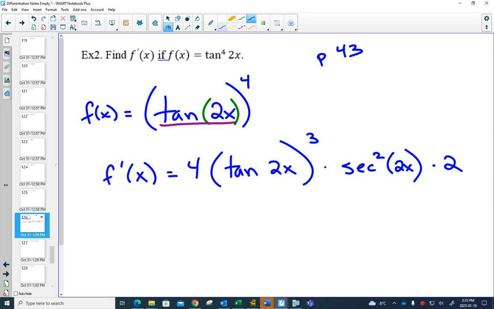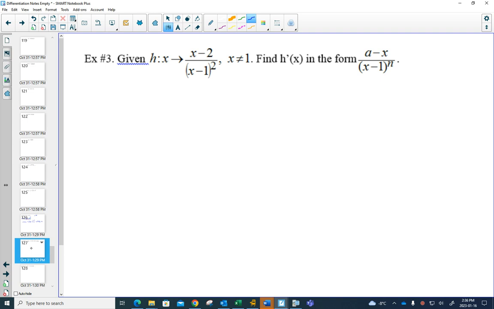So the double chain rule just means you have to walk yourself through those steps more than once. Derivative of the outside function, keep the inside the same, multiply by the derivative of the inside function. And while I was doing the derivative of the inside function, I ran into another chain rule. So I had a new outside function, which I did the derivative of, and then multiplied by the derivative of the inside function. Okay. Whew.